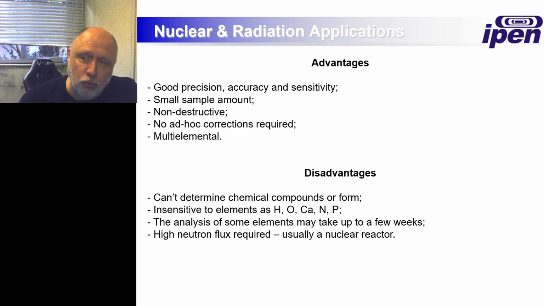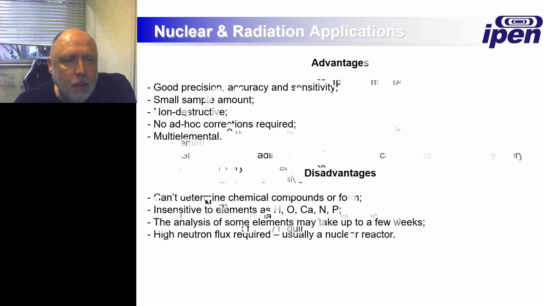We can get americium-241, which is a very strong alpha emitter, and you mix it with beryllium, and then you have a neutron source. We have, for instance, one irradiator that uses 2 of these sources, and with a bit of tweaking, we can get up to 10 to the 5th neutrons per square centimeter per second, much less than a reactor, but yes, for some elements you can do neutron activation analysis on this kind of setup.